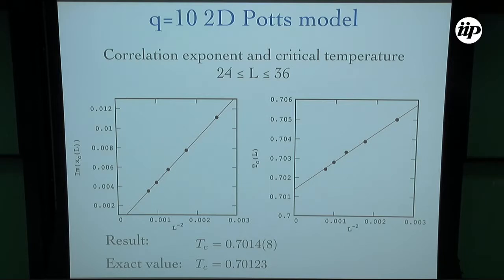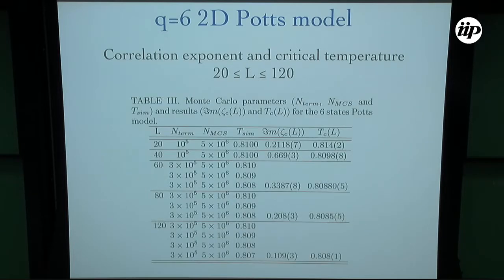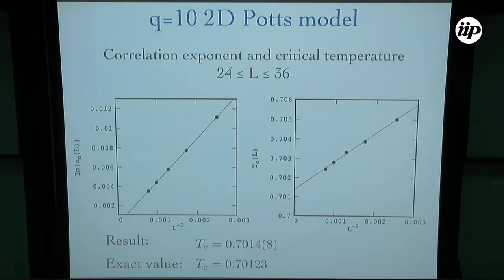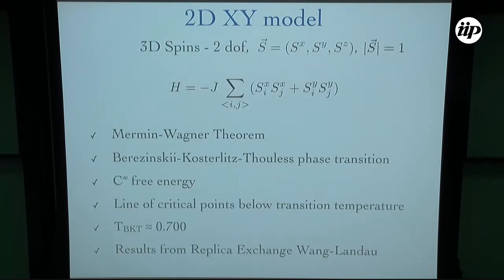And surprisingly, in my opinion, for such small systems, with such somehow crude simulations of 10^6 Monte Carlo steps, we get a very nice value for the critical temperature. I should remark that in all these figures that I showed you, the error bars, which I took among 5 different simulations for each temperature, are included here, and are smaller than the symbol size.